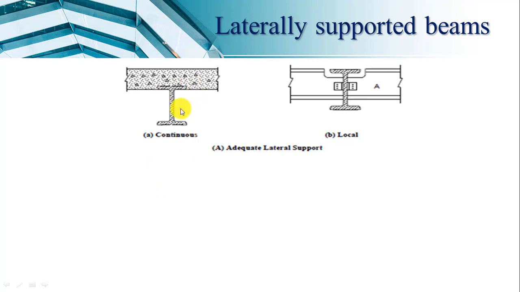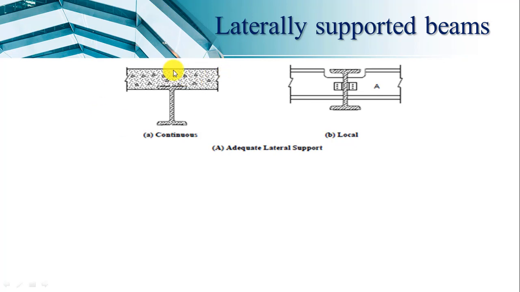Like this first case is given: this is the steel section and its compression flange is embedded into the concrete. That might be the case in many bridge sections, or mainly for railway bridges, where at the bottom these steel beams are provided and above that the concrete deck is placed.